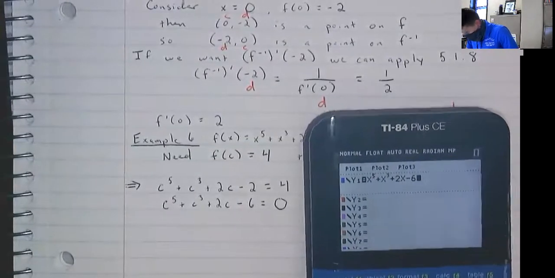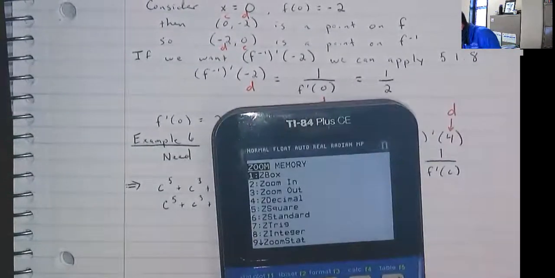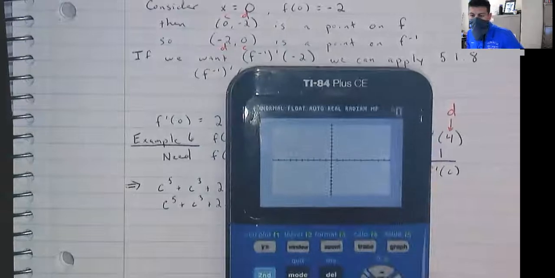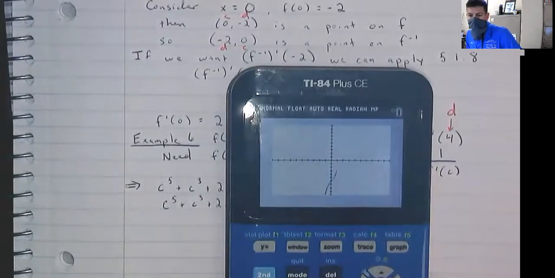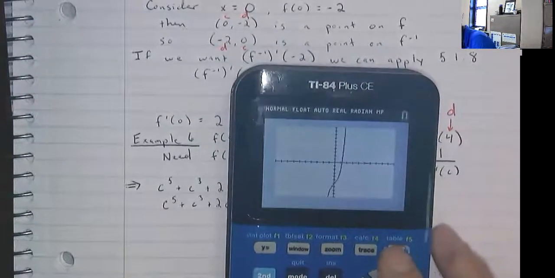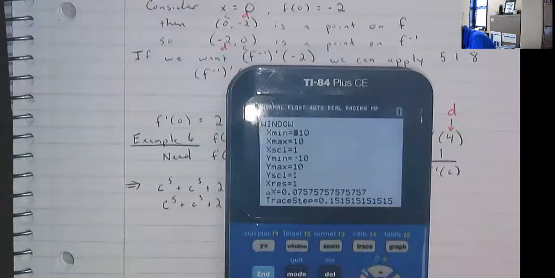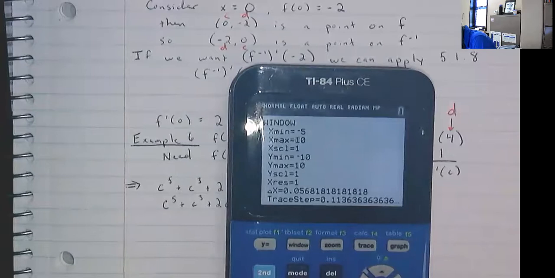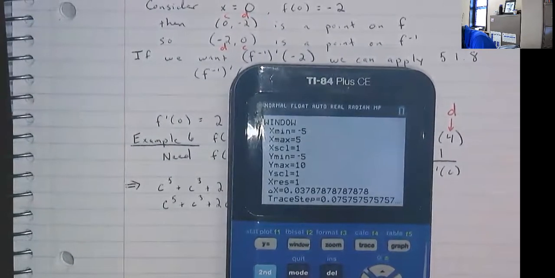Let's use window, let's do zoom standard and see what happens. Okay, that actually wasn't bad, but we can make that maybe a little closer. Window, let's do like, I don't know, -5 to 5, and -5 to 5. That should be sufficient.